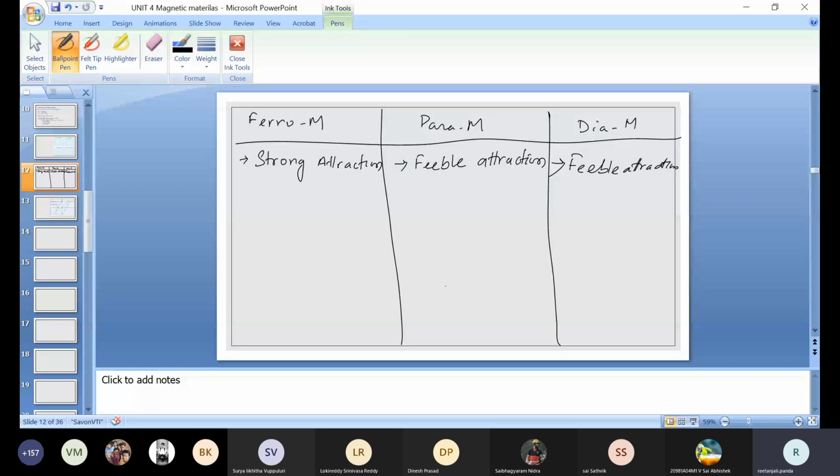As there is less attraction, this concentration will be very little. In a diamagnetic material, the inductions are not passing through the material. They will be repelled by the material, and no magnetic field will pass through it.